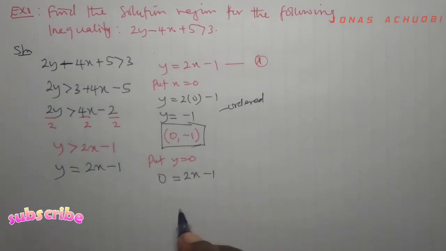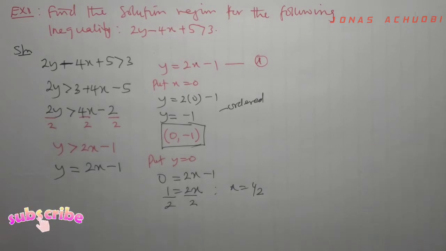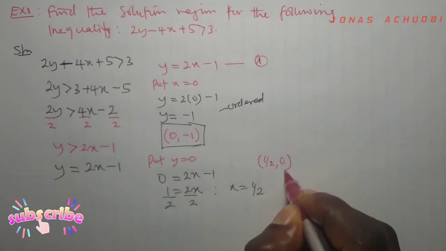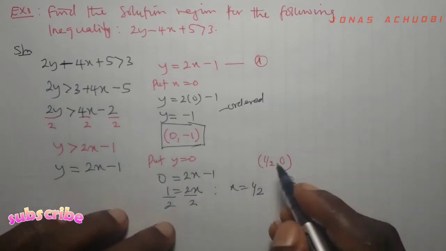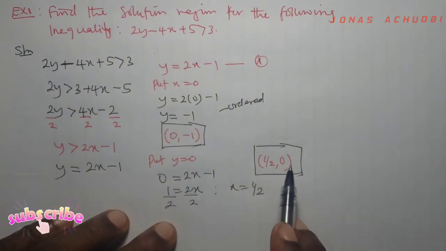If we take 1 to the left, we have 1 equal to 2x. To find the value of x, we divide both sides by 2. Therefore, x is equal to what? Half. So the second point now will be what? When x is half, y is 0. So we have our 2 points, 0, minus 1 and half, 0.